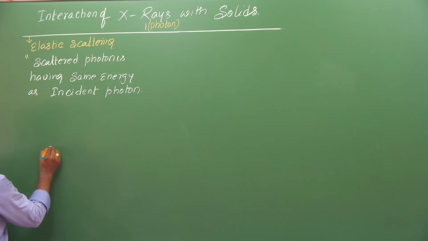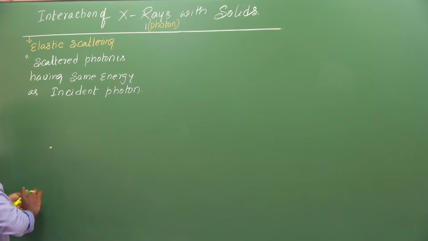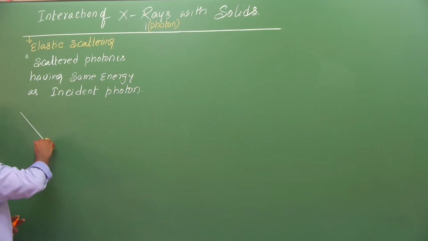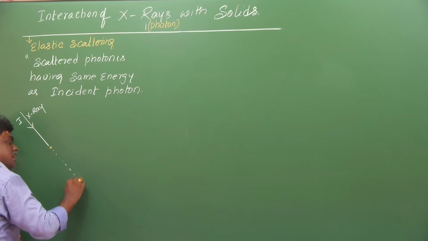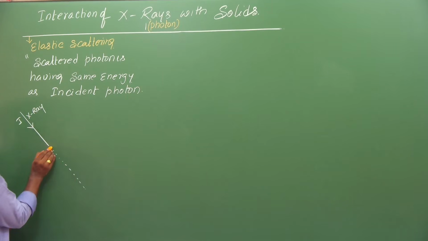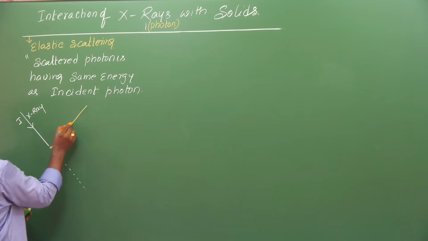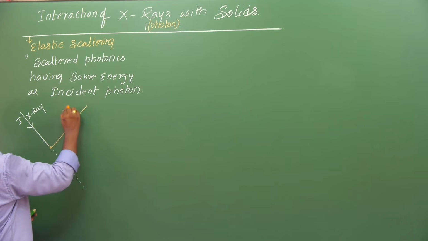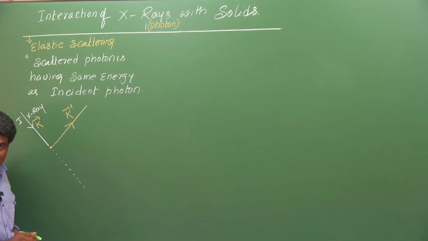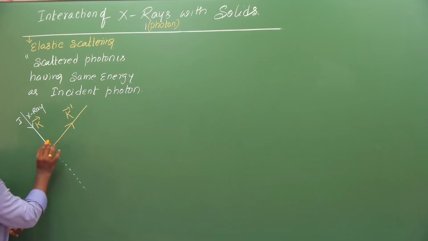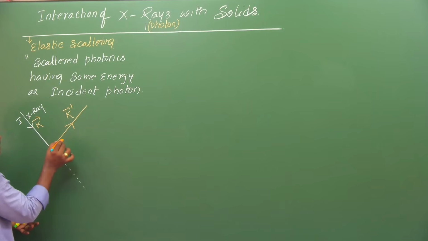Now I am assuming this is the lattice point and you are sending an incident beam. This is the incident X-ray and this is the incident direction, and it is scattered in this direction. That's why this is K prime. This is the incident, that's why it is K. How can you confirm that scattering exists in this direction?